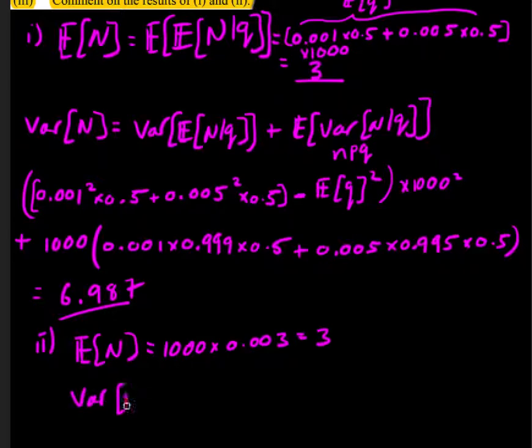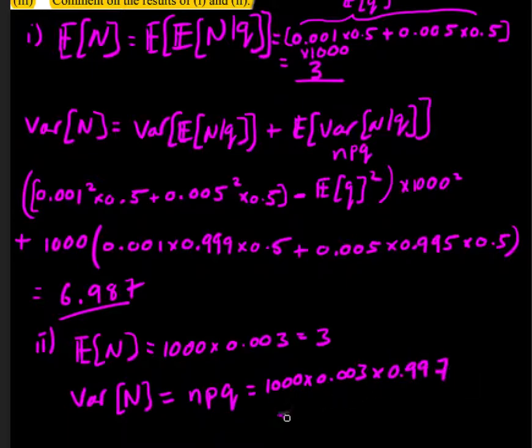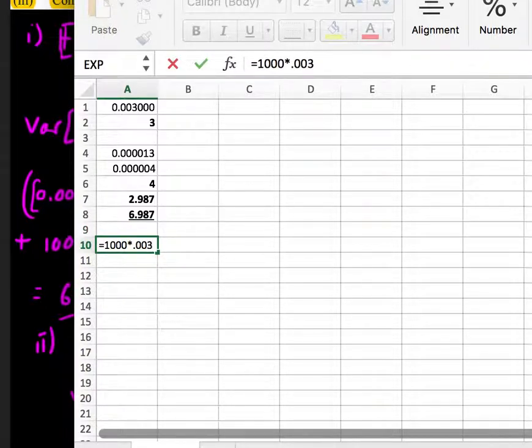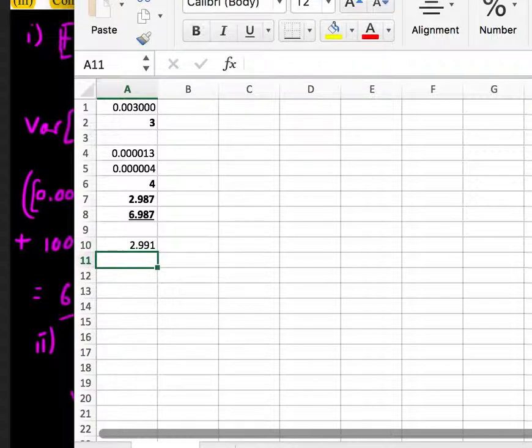And then we have our variance of N, which is going to be straightforward. It's just going to be npq. 1000 times 0.003 times 1 minus that, which is 0.997. I don't know what that one is off the top of my head, so I'll just work that one out here. Equals 1000 times 0.003 times 0.997 gives us this 2.991.